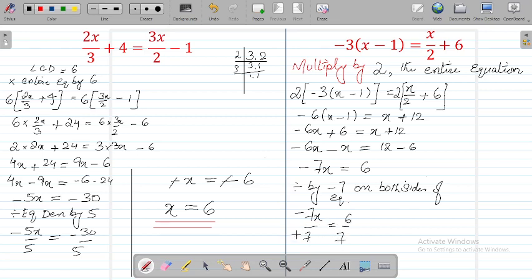The result is going to be, minus sign cancels with minus sign, 7 cancels with 7, and with the minus 7 you divide 6 by -7. So your final result comes out to be x is equal to -6 upon 7. This is the final value of this expression.